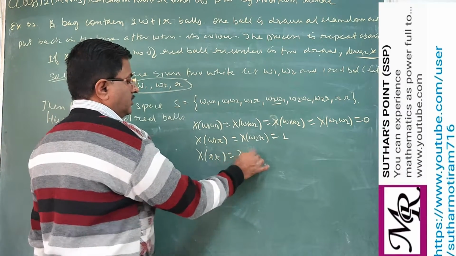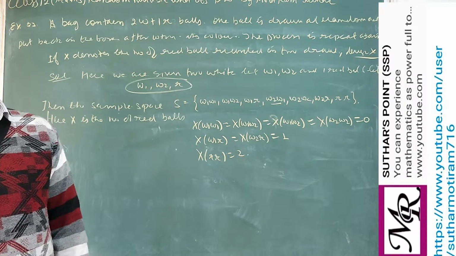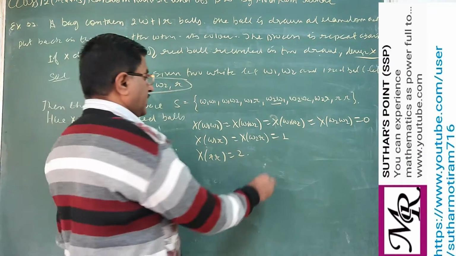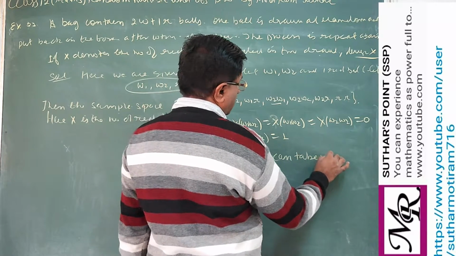So in this way we can find the random variable x. Now we see the value x can take here, we can write x can take value.